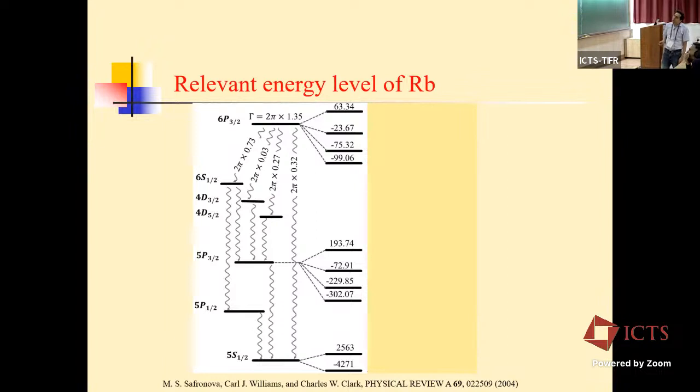It's an open transition, and out of 1.35, the direct decay is only 320 kilohertz. So we have a very bad branching ratio.